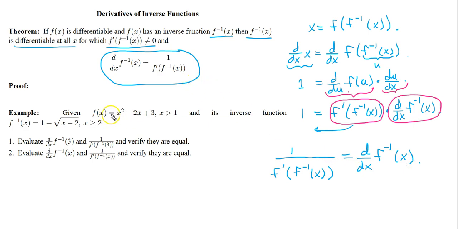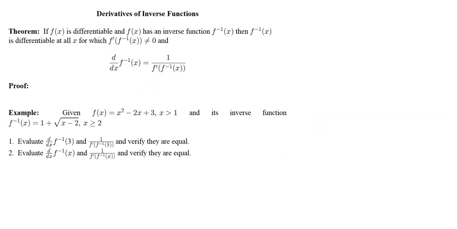Now let's take a look at this example, and we'll also illustrate this example graphically to make more sense of this. So if you recall from a previous video, we looked at this function, f of x equals x squared minus 2x plus 3, for x that should be greater than or equal to 1.